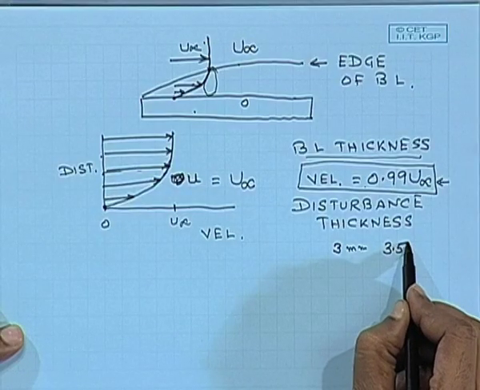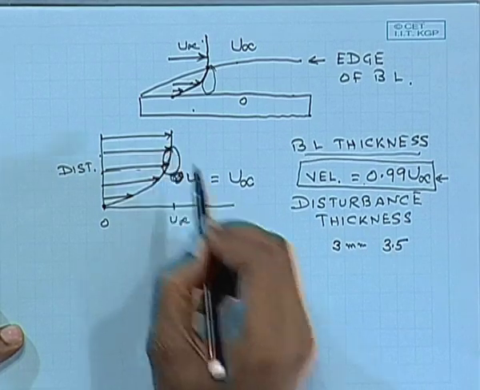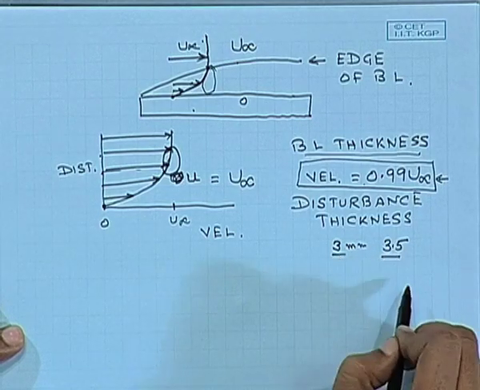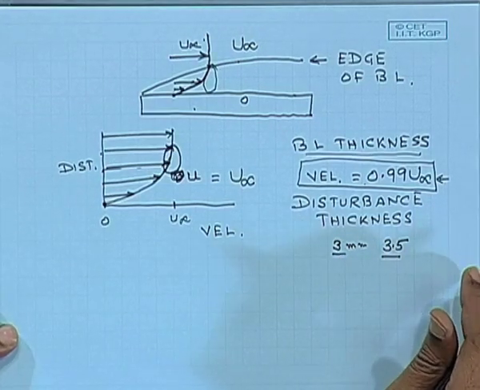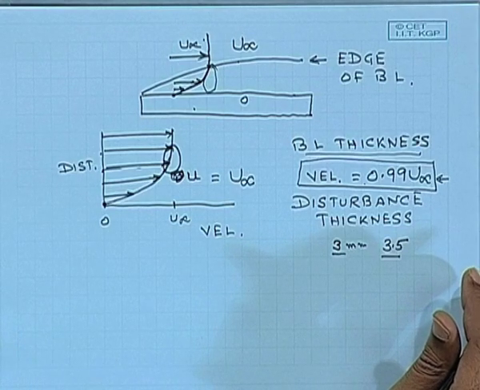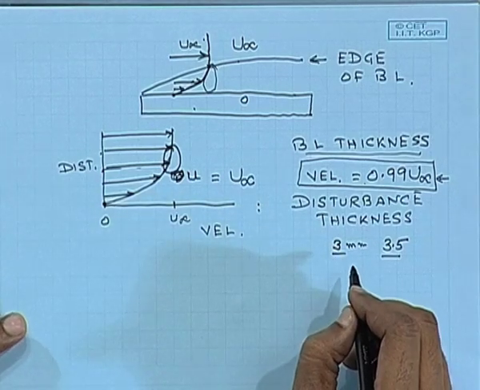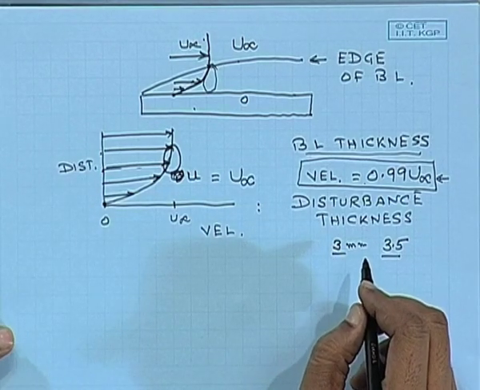Someone else can do the experiment and say it is 3.5, and since the nature over here is asymptotic, you will definitely get these kinds of inaccuracies. Apart from that, the measurement of velocity for 2 points very close to each other is extremely prone to error. So there is definitely a need of defining alternate thicknesses for boundary layers, which will not be a point to point approach, rather an integral approach.